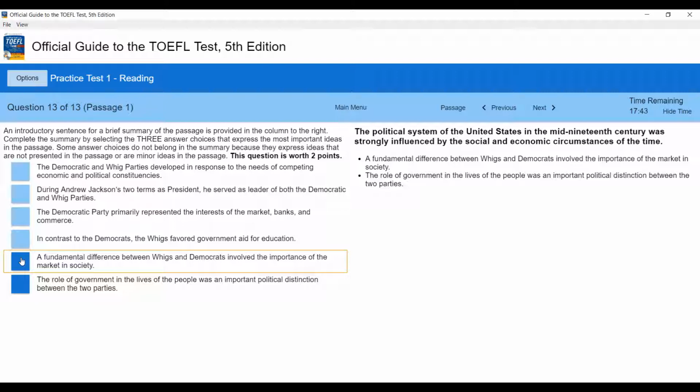And lastly, I think this might be too small. This might be a minor point. I think this also would be a minor point.